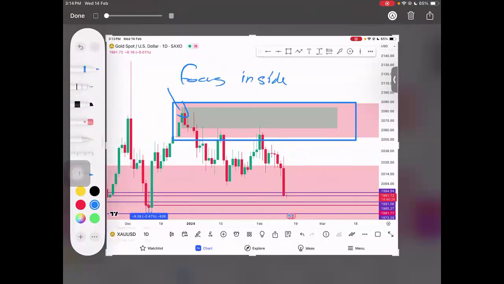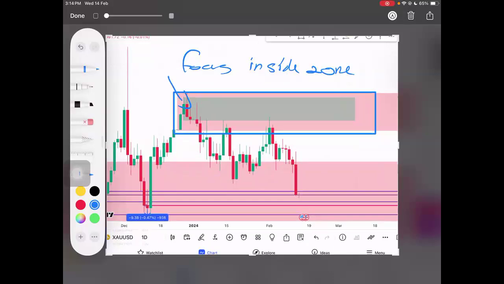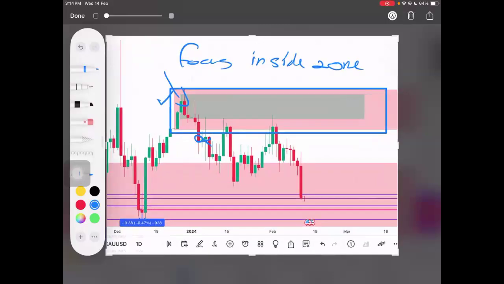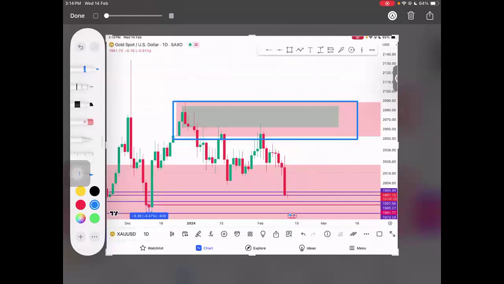So when the price is outside the zone, correct? I don't see this, so I will take this. But what about the other one that was created inside the zone? This one. If you already learned about zone, this is your first zone.